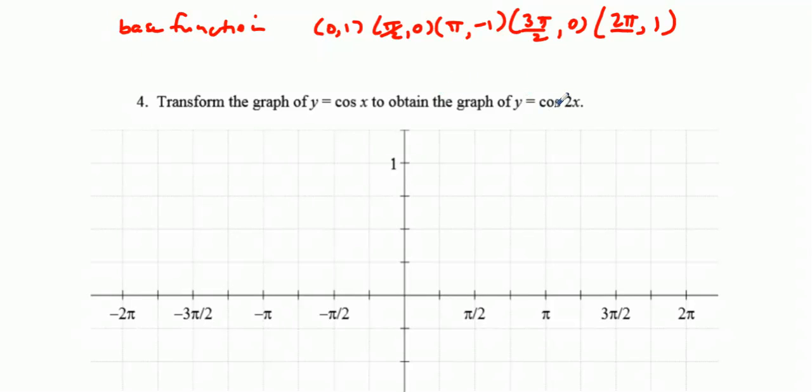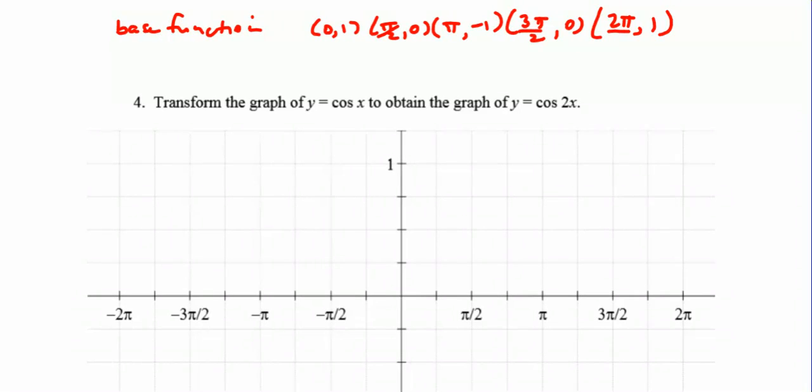Okay, so now we're going to transform this. How is it being transformed? Well, this is a horizontal compression by a factor of 1/2. So we're going to multiply our x's by 1/2.